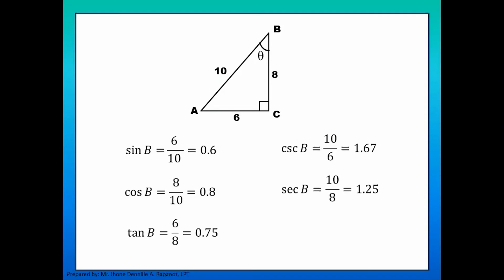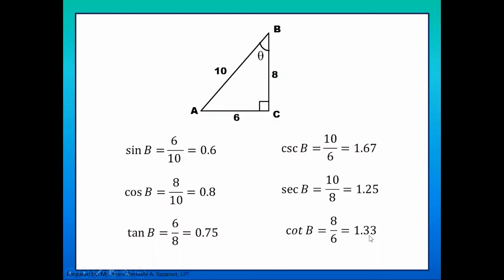Now for secant theta, that is just the reciprocal form of cosine. So you have hypotenuse over adjacent. So 10 divided by 8 is equal to 1.25. Now, the reciprocal form of tan theta is your cotangent theta.